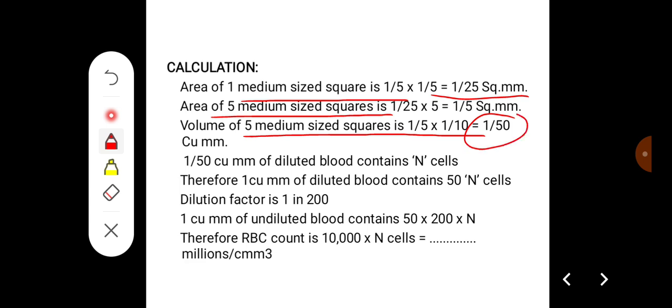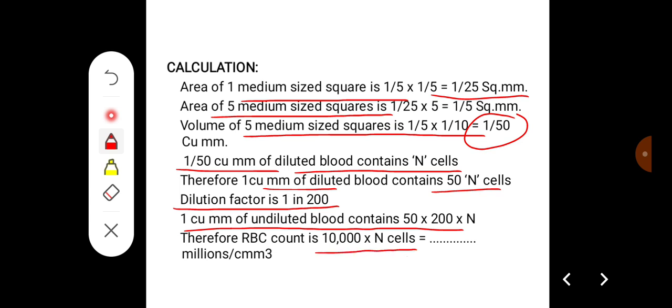And according to the haemocytometry principle, if 1 by 50 cubic millimeter of diluted blood contains n number of cells, therefore 1 cubic millimeter of diluted blood contains 50 into n number of cells. And here for WBC counting, we are diluting the blood by 200 times, so 1 cubic millimeter of undiluted blood contains 50 into 200 into n, that is 10,000 into n number of cells.